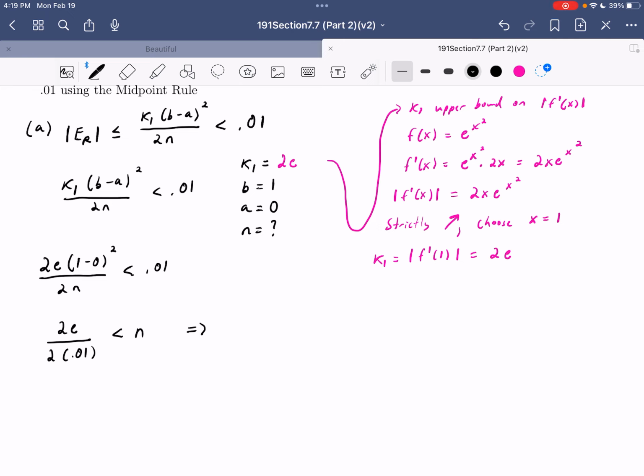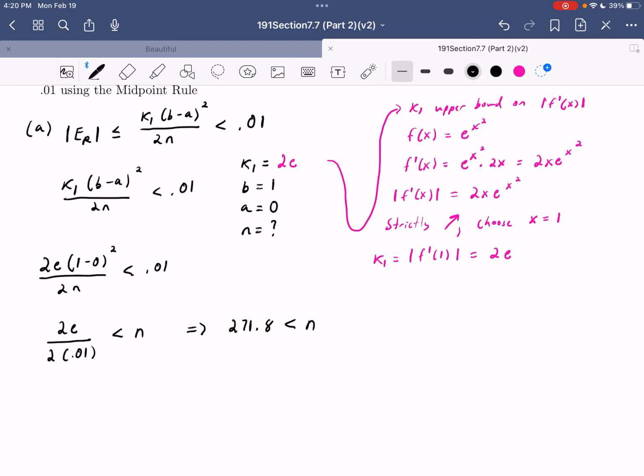So that's going to be 2 times that e, divided by 2, and then divided by 0.01. So this is going to come out as about 271.8 or so, has to be less than n. Now notice that this reads correctly. This is saying that n, the number of partitions, must be greater than 271.8.